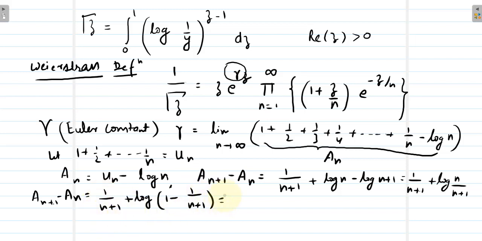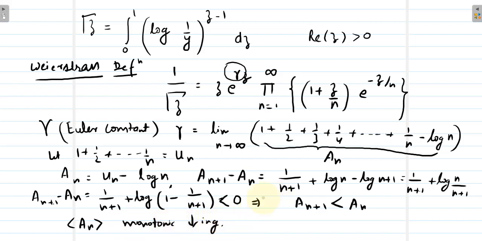And so all the resulting terms will be negative. So we can directly say that an plus 1 is going to be less than an, and it means that the sequence an is obviously going to be monotonic decreasing.